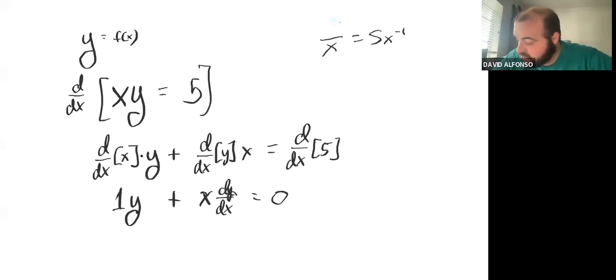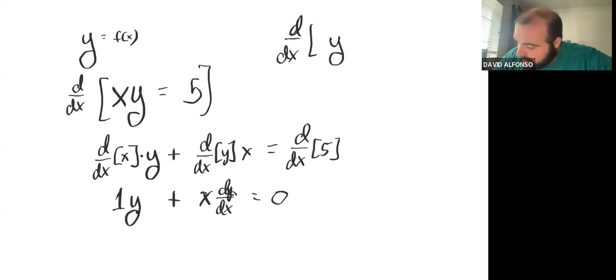The only other tricky one here is, of course, if you have y to the 7th. Again, y is a function of x, and it is the composite of the function raised to the 7th. So this is a case where you can do implicit differentiation.